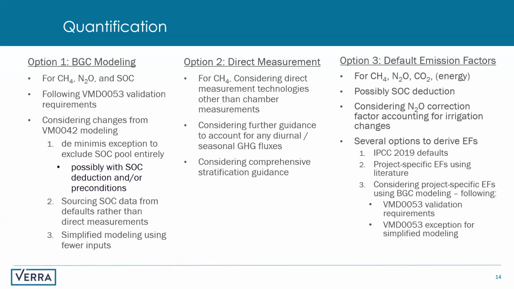And more recently, we actually got asked for another option, which is to explore the development of emission factors using direct measurements. So we're going to be exploring several of those options. At this point, it's not clear if we'll make it into the methodology, but we're certainly going to be exploring those closely. So I think we can move to the next slide.